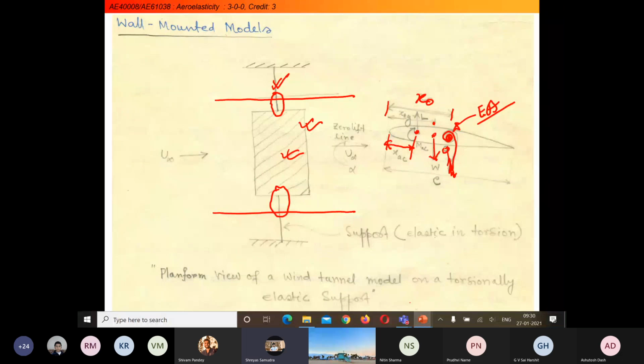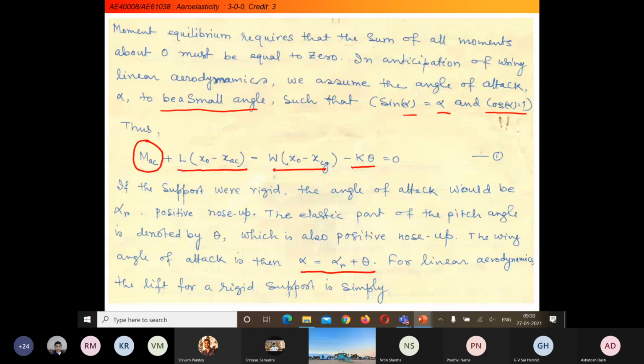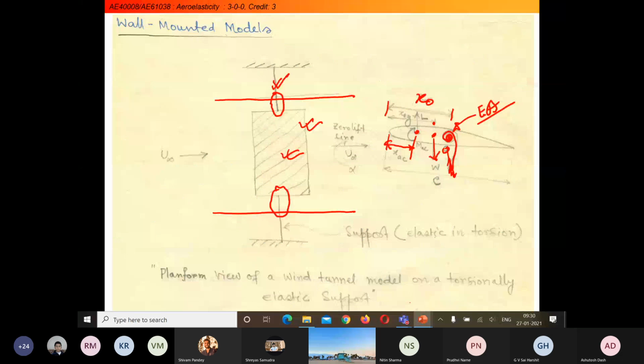Okay, got it. So I have taken here L into x naught minus xac minus W, because this W is acting downward, so it will be creating an anti-clockwise moment. So that we are taking here as negative. And obviously the elastic restoring force, because when we are giving deformation in this direction, the elastic restoring force will be acting in this direction, that is k theta into theta.